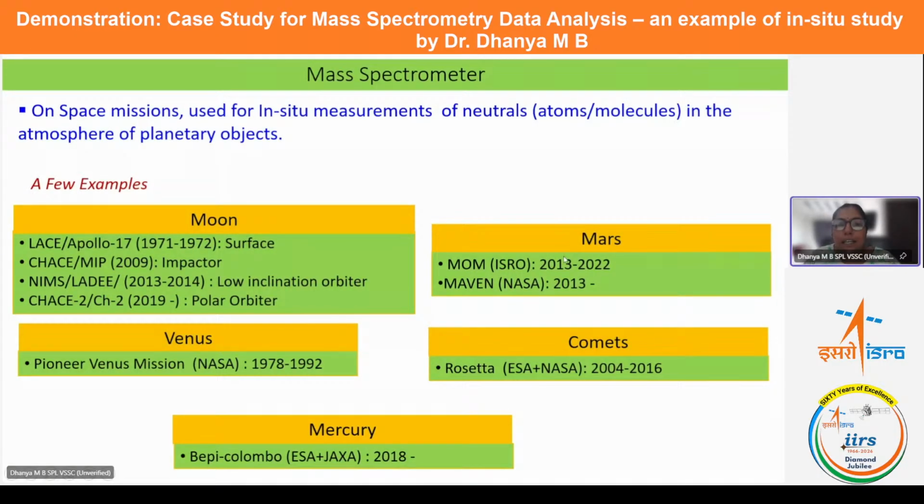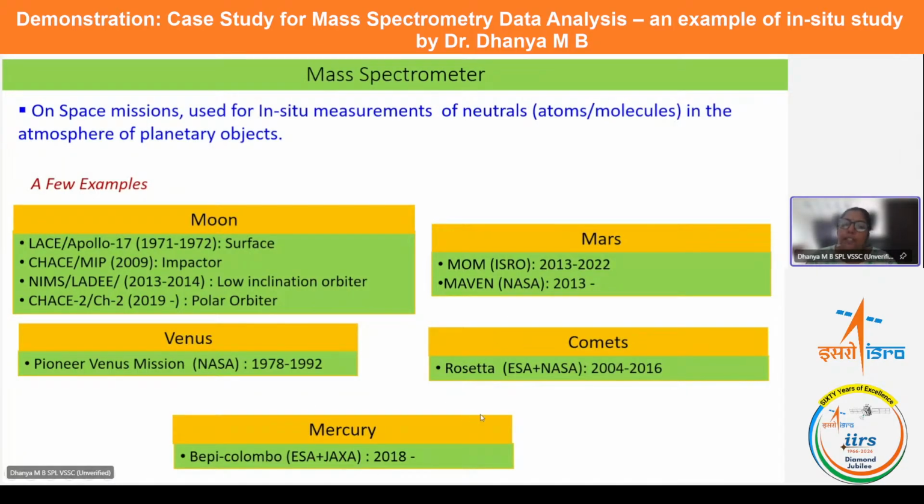And if we consider our nearest neighboring planet, we have the Mars Orbiter Mission, and also one from NASA. Then for Venus, again in the 1970s, the Pioneer Venus mission carried a mass spectrometer. And this mission, which you would probably have heard of as a popular mission, chased a comet and measured it.